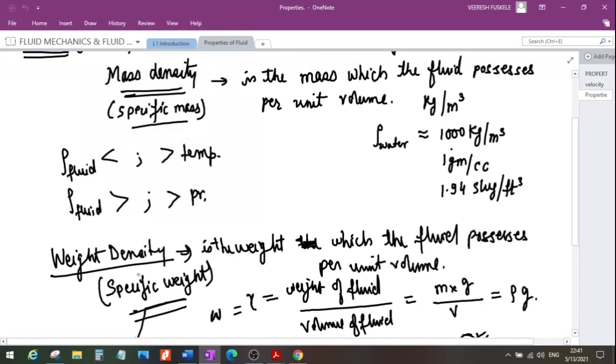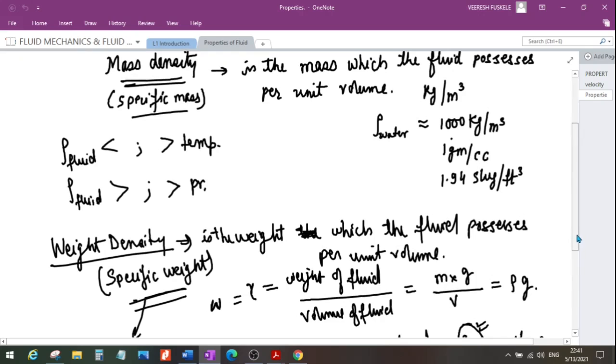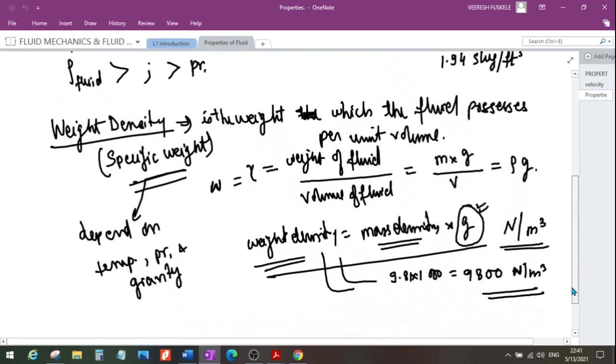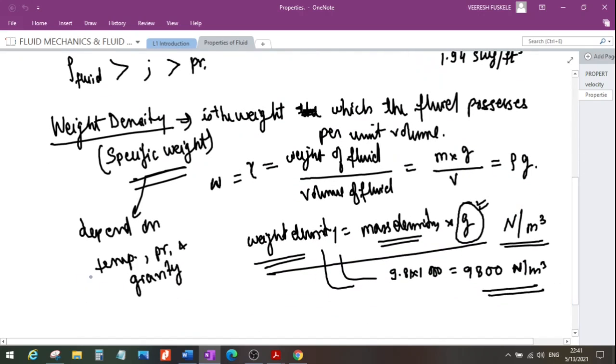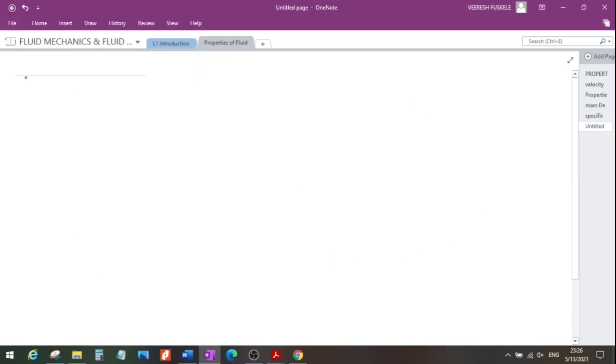So this weight density depends on the gravitational force or the gravity, and it also depends on the temperature and pressure. So this weight density will be different at different places for any particular fluid, where the acceleration due to gravity will be varying, right?